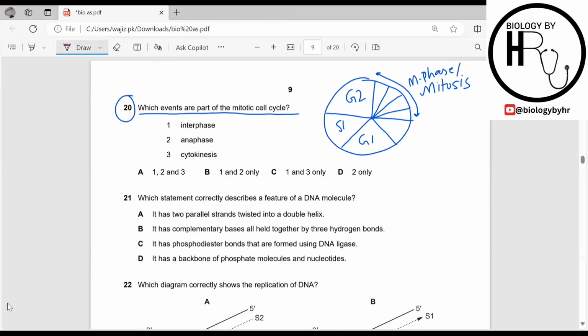The phases that come under mitosis are prophase, metaphase, anaphase, and telophase.